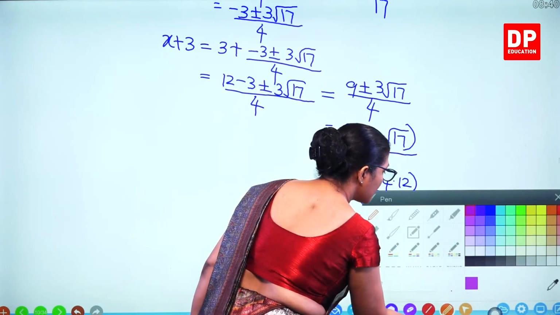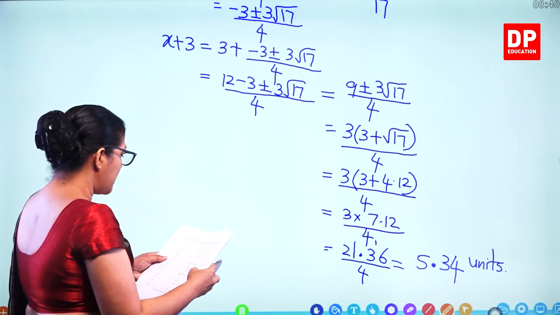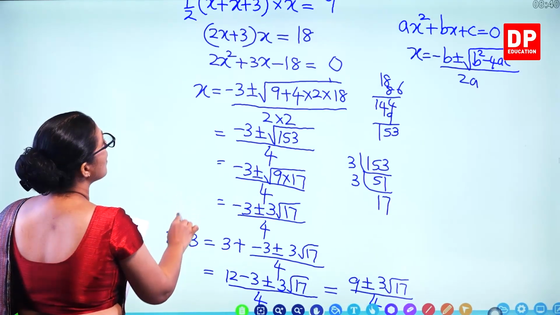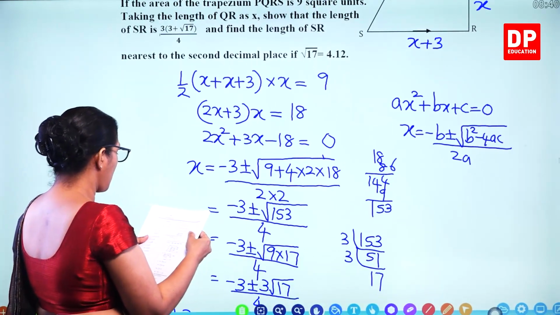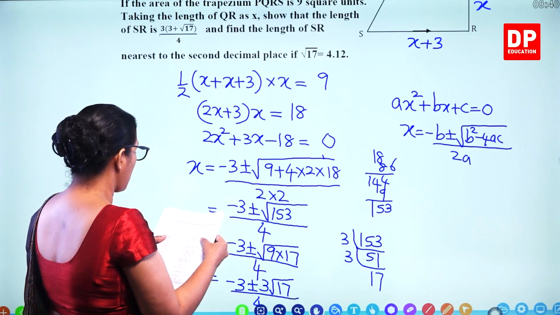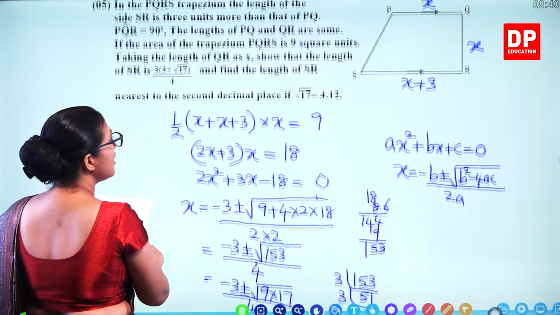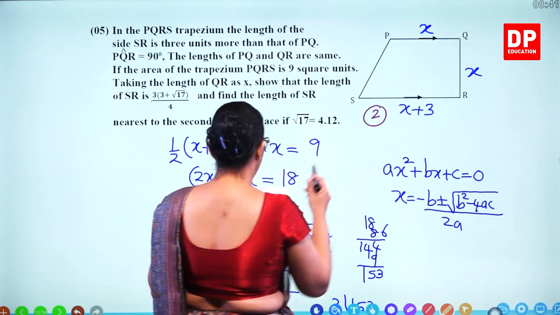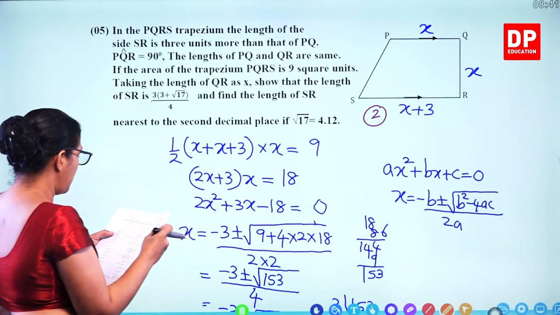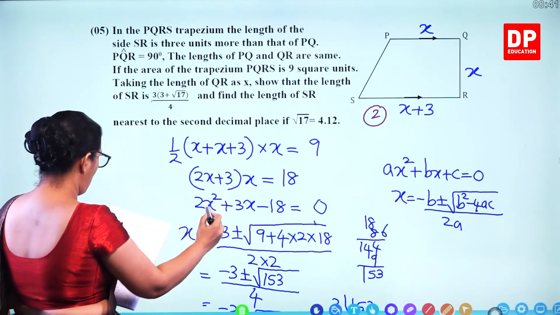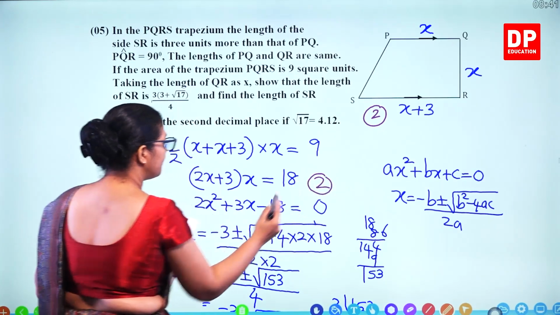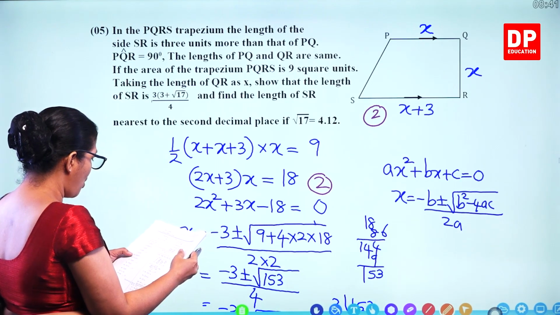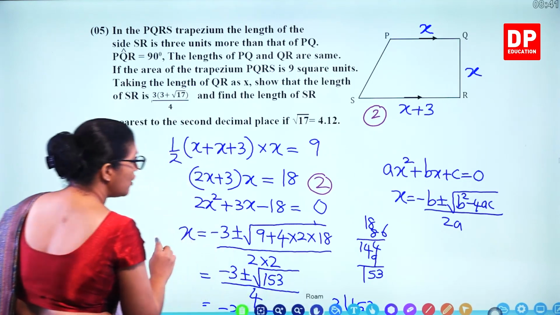So how many marks? You are getting two marks for marking the correct lengths. And then making the equation, another 2 marks. And using the quadratic formula, 2 marks, and finding the x value, another 2 marks.